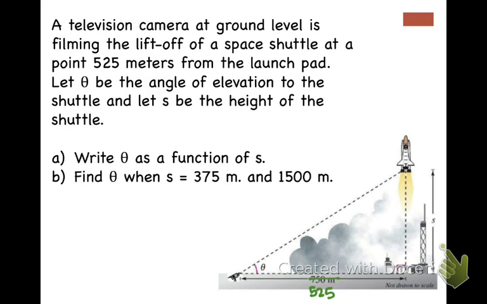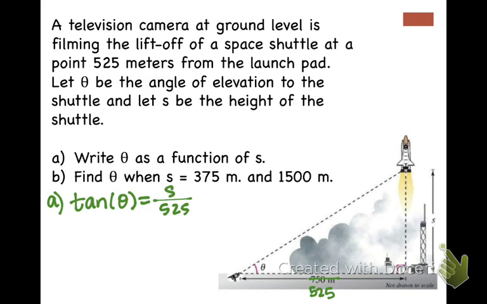So first, part A, write a function in terms of s. This is just like we were doing before. We look at our s and our 525 and say, oh, s is opposite, 525 is adjacent. So that's a tangent problem. For part A, we set it up: tangent of theta equals s over 525.